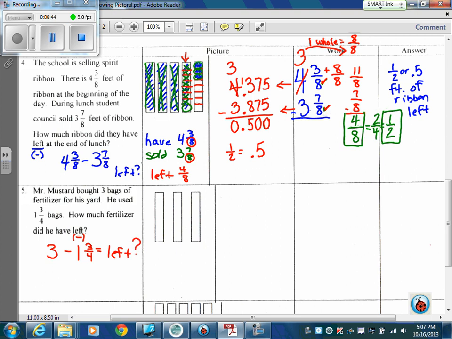In our picture, I start with 3. So that means these are all shaded all the way down. We have 3 bags of fertilizer. But what happened was we used 1 3/4. So I can take the 1, that whole bag's gone. The problem is the 3/4, I didn't use quite a whole bag.